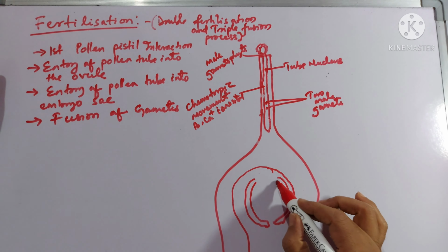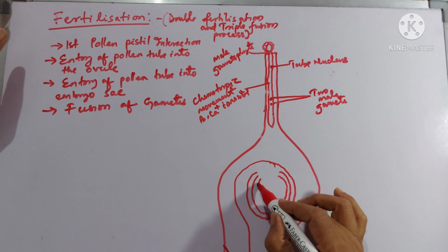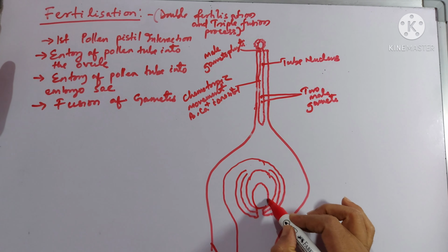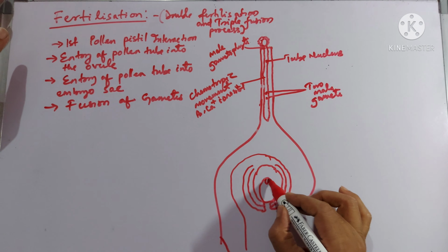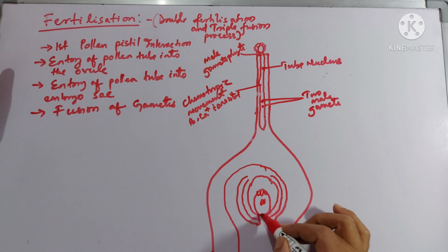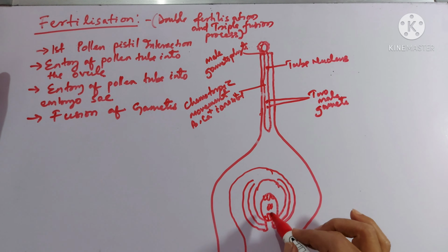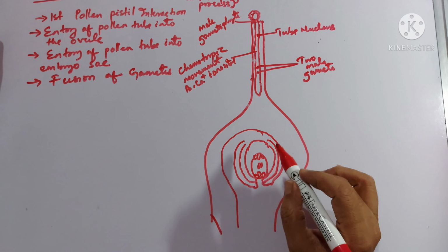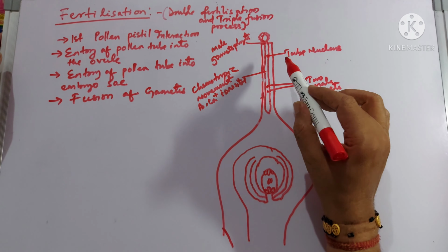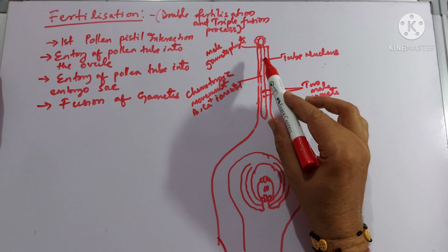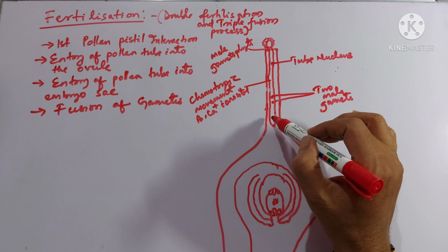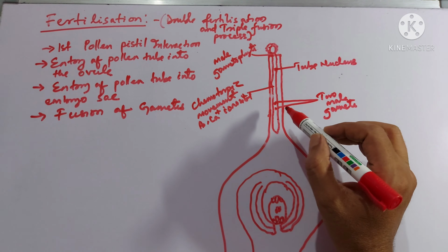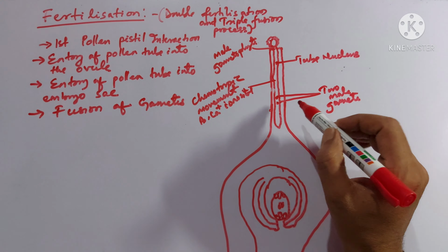In this way you can draw the structure of the ovule, which I have already discussed in previous videos. Here the antipodals, secondary nucleus, and the egg apparatus are there. Due to chemotropic movement, the movement of the pollen tube occurs. Boron and calcium play a vital role in drawing the pollen tube into the style.